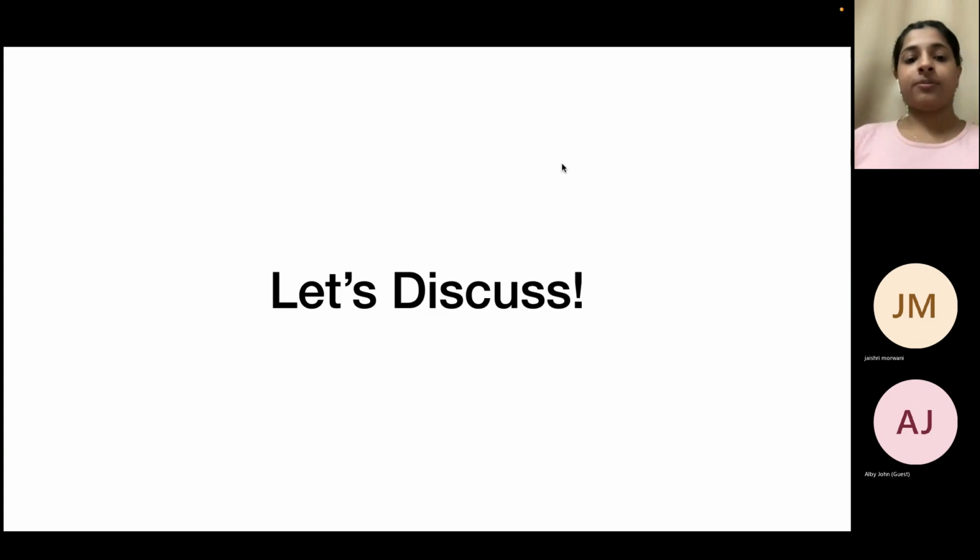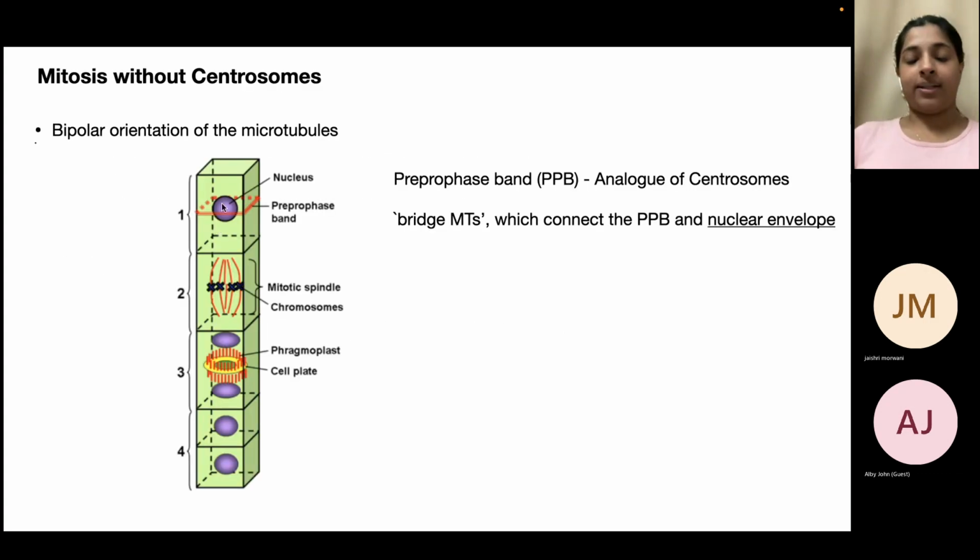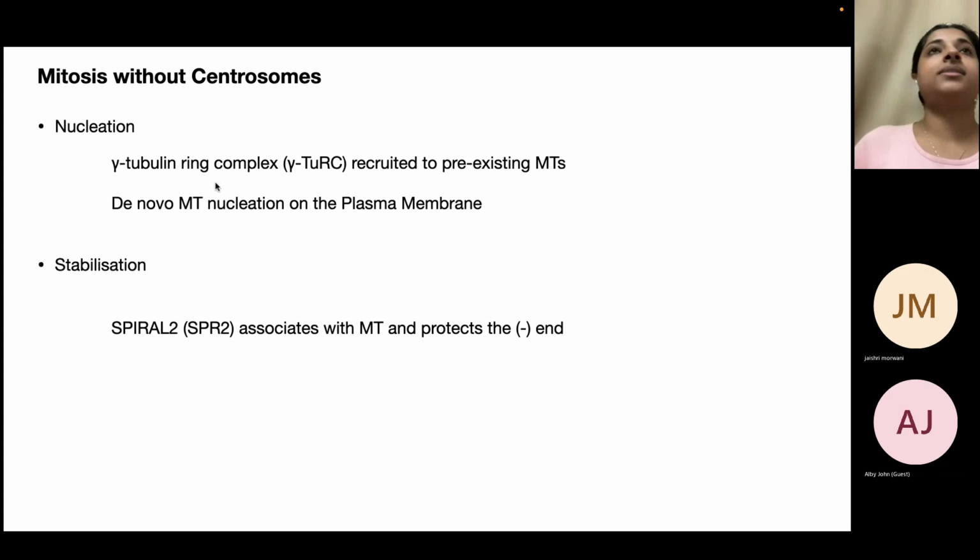Say a pre-prophase band is already formed, the complex can be recruited to such regions and then nucleate new microtubules. Or there is also de novo nucleation that has been seen from the plasma membrane. It's possible that gamma tubulin-like complexes are present near the plasma membrane, and from there microtubules are generated.